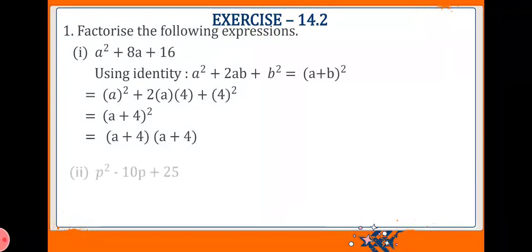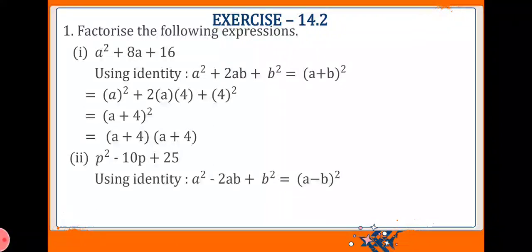Next, question number 2, p square minus 10p plus 25. Now you can see that the middle term has the minus sign. So here we apply the second identity, that is perfect square for subtraction. So we use the identity a square minus 2ab plus b square equal to a minus b whole square. Let's cross check. Now p square is the perfect square of p.